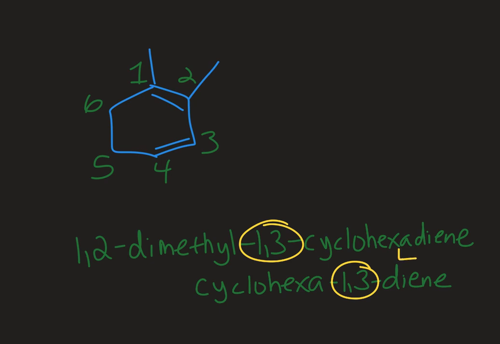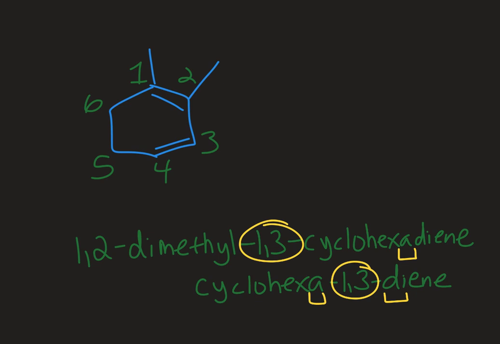When we have more than one double bond, we add an a here. So it's not hex-1,3-diene, it's hexa-1,3-diene. So when you have more than one double bond, whether it's 2, 3, 4, however many, there's always another a there. And then again, I'm going to have di, just like I would for a substituent that I had 2 of.